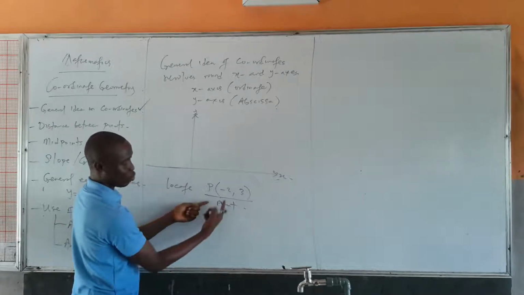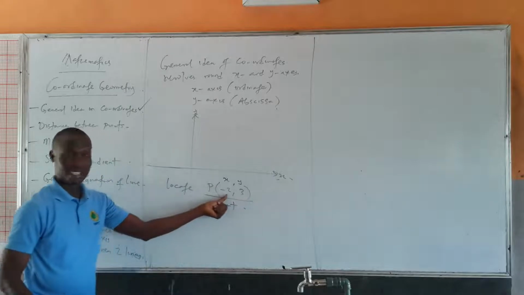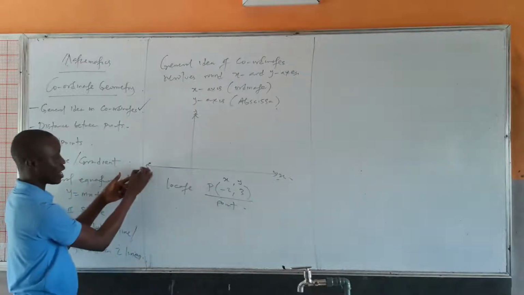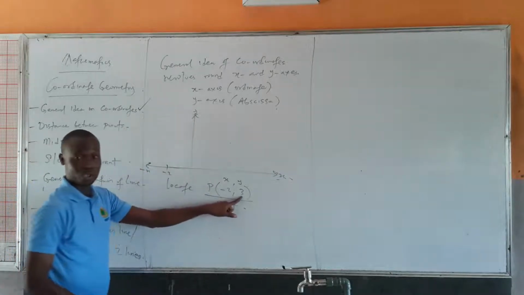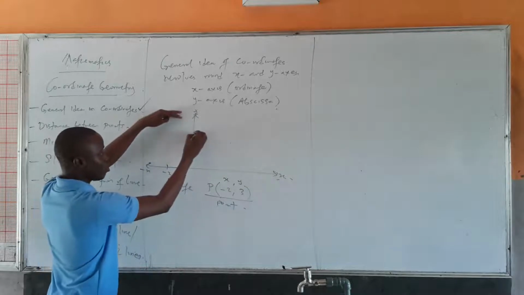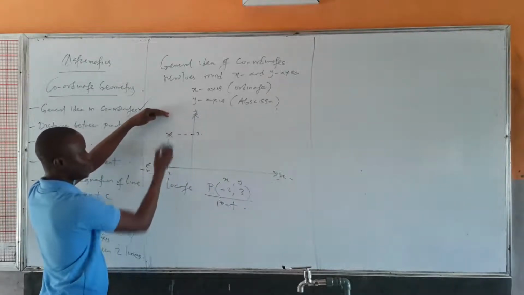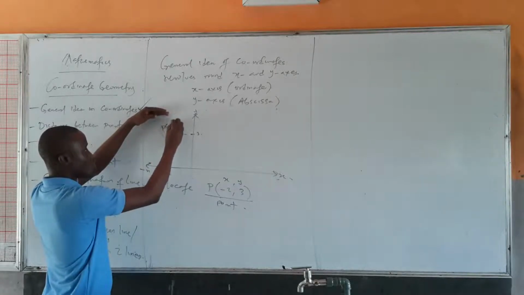When you see a point, this is your x and this is your y. So on the x axis, x is minus 2, the negative side of the x, and y is positive 3, up here. When you trace the minus 2 and the 3 together, that point is your point P, which is minus 2, 3.